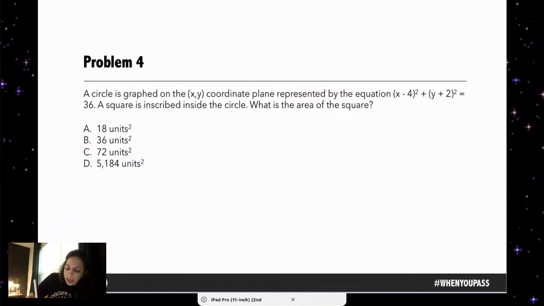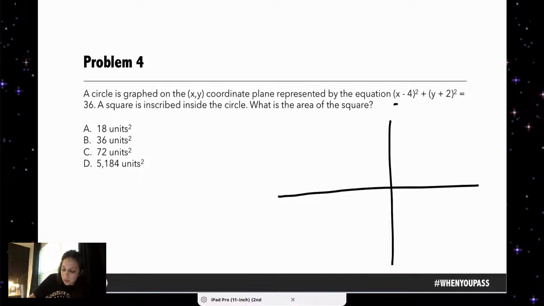So a circle is graphed on the coordinate plane with this equation. And a square is inscribed inside the circle. Inscribed means that it's touching the outsides of the circle, and it's not going outside of the circle, but it's also not touching the circle.